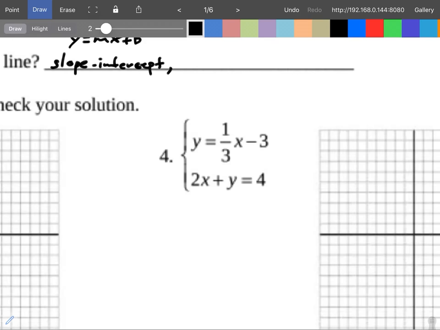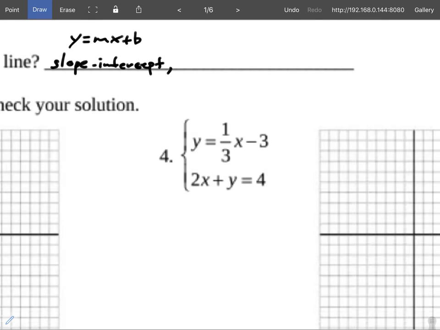Or you could use point slope, which is the equation that looks like y minus y1 equals the slope times the quantity x minus x1.